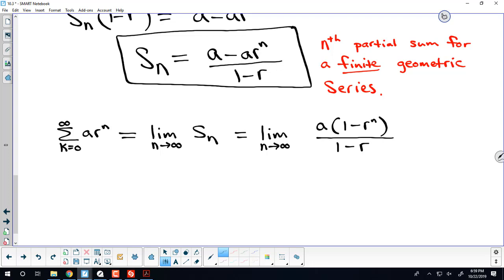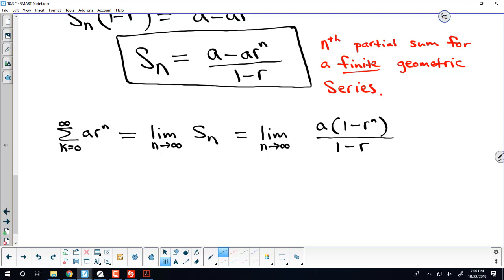Now this doesn't quite look like this right here, but if we divide everything by 3 to the n, we get 1 minus 1 over 3 to the n all over 2, or 1 minus 1/3 to the n all over 2. And that fits our formula here, the a times 1 minus r to the n. So we have 1, which is our a, times 1 minus r to the n all over 1 minus r.